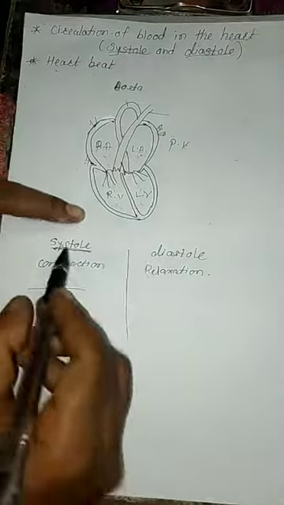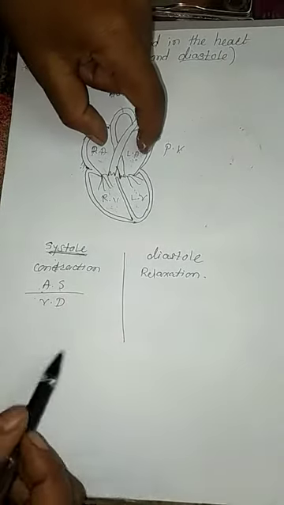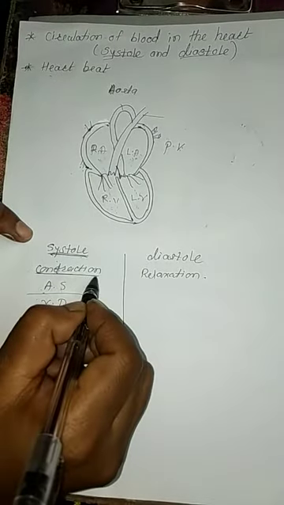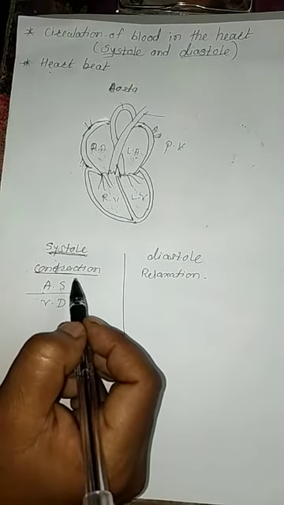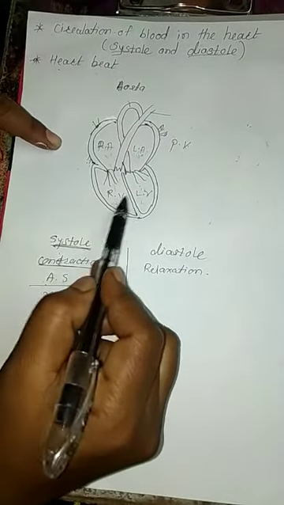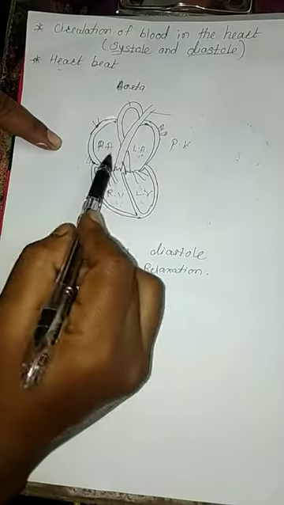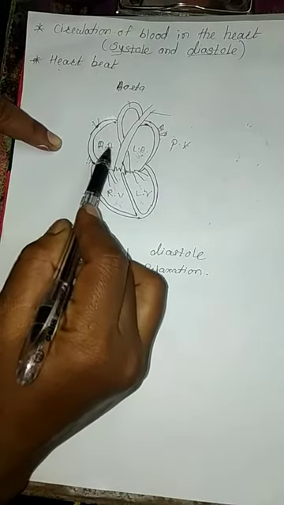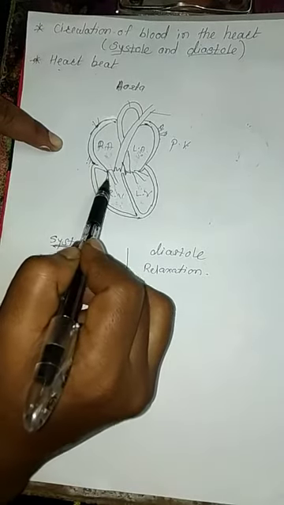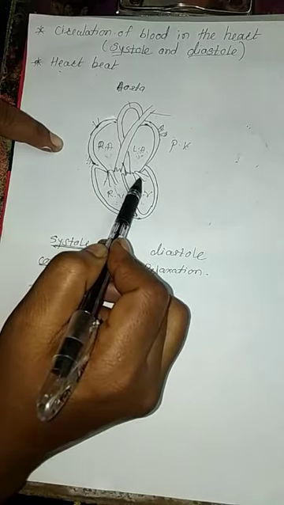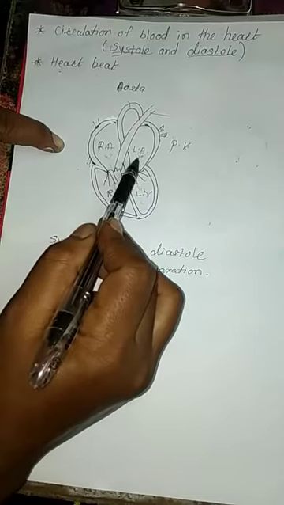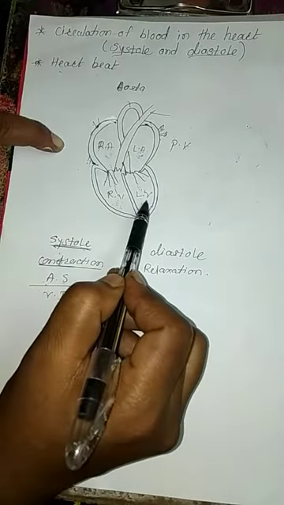Got it? Systole means contraction of the upper chamber. Simultaneously both contract, and simultaneously both relax. When both auricles contract, the blood present in the auricles is transferred to the ventricles through the tricuspid and bicuspid valves, which are both open when the auricles contract and the ventricles are relaxed.